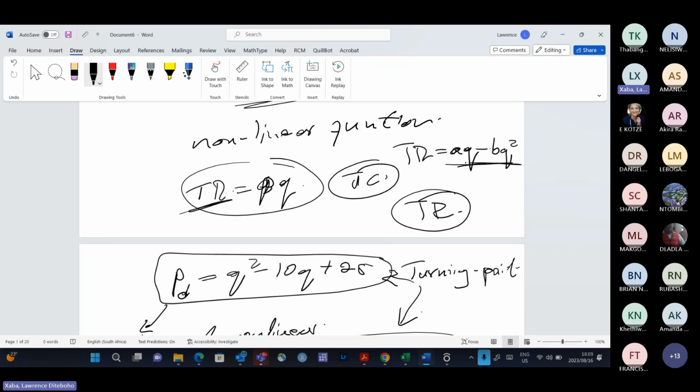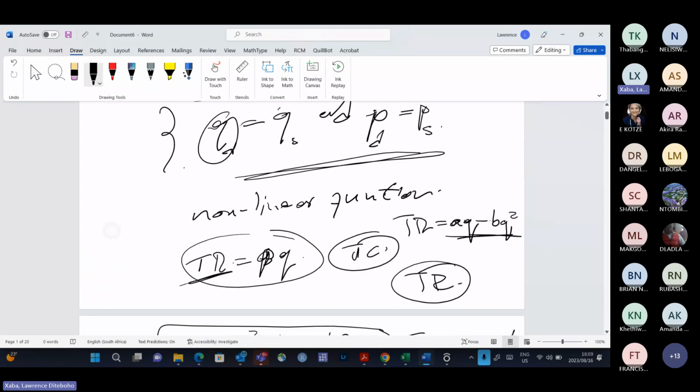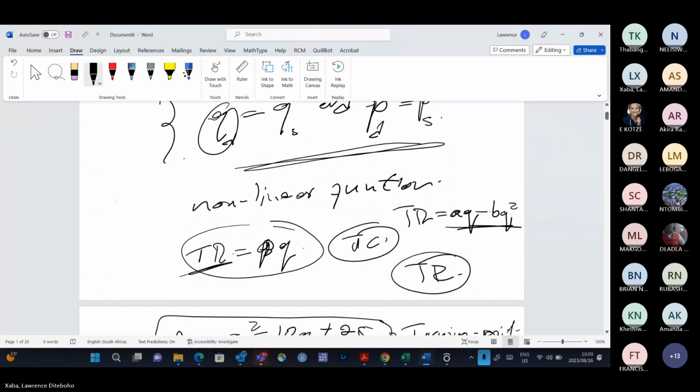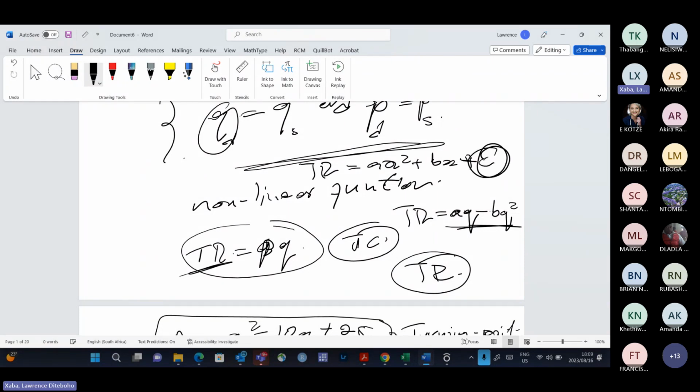So this one, you find we don't have our vertical axis intercept. But if you remember, originally the equation is written like this, maybe TR equals AX squared plus BX plus C. So this is our intercept.